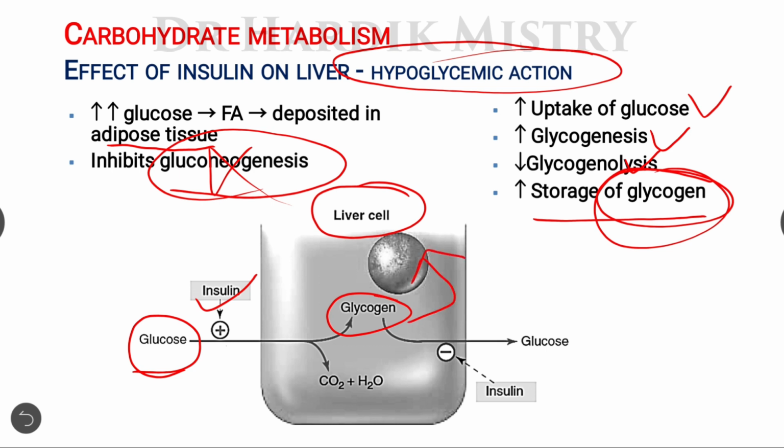And when insulin is circulating in the blood, this glycogen breakdown does not take place. So insulin has a negative effect on the breakdown of glycogen, so glucose will not be released, and the net effect is glycogen stored inside the liver cells.